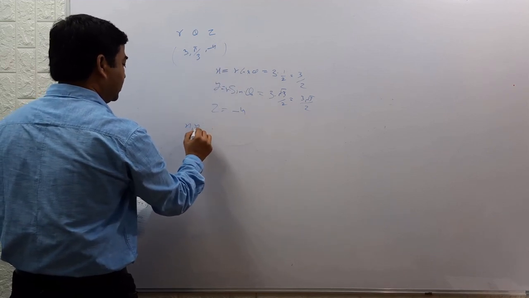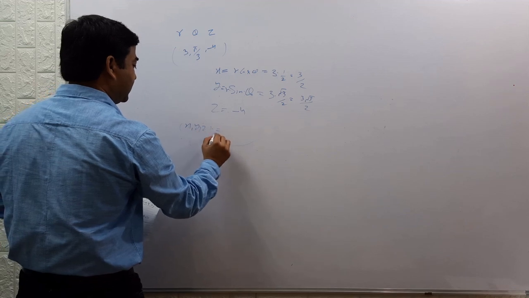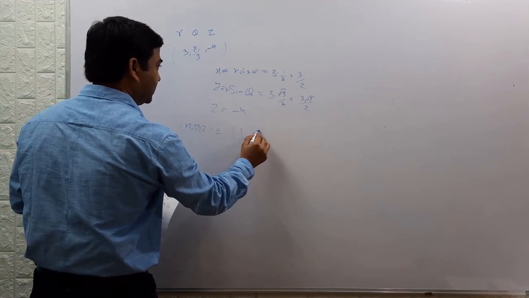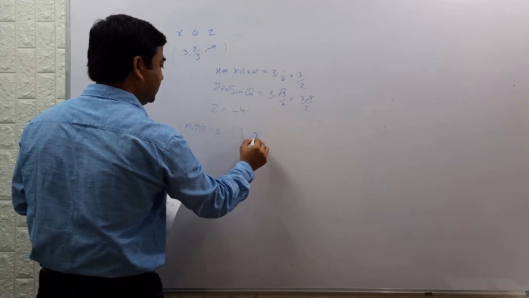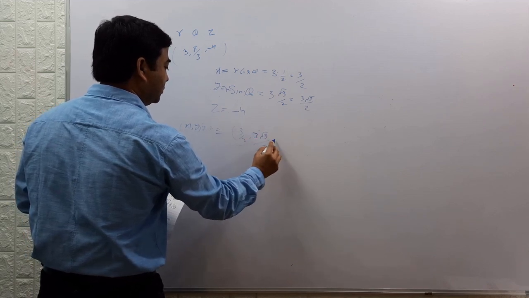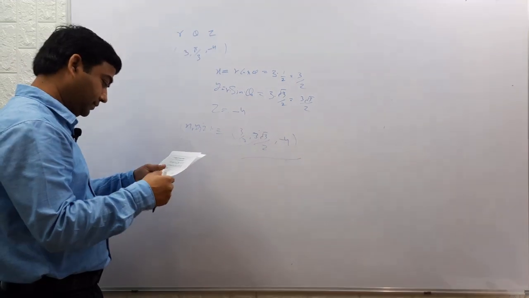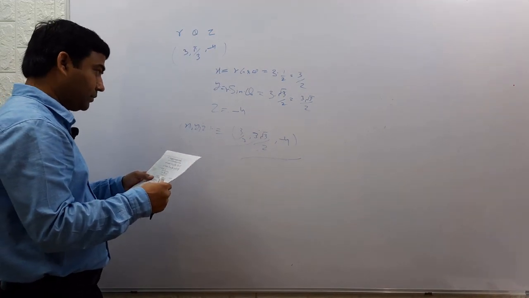So the Cartesian coordinate x, y, z is (3 by 2, 3 root 3 by 2, -4). This is the Cartesian coordinate system.